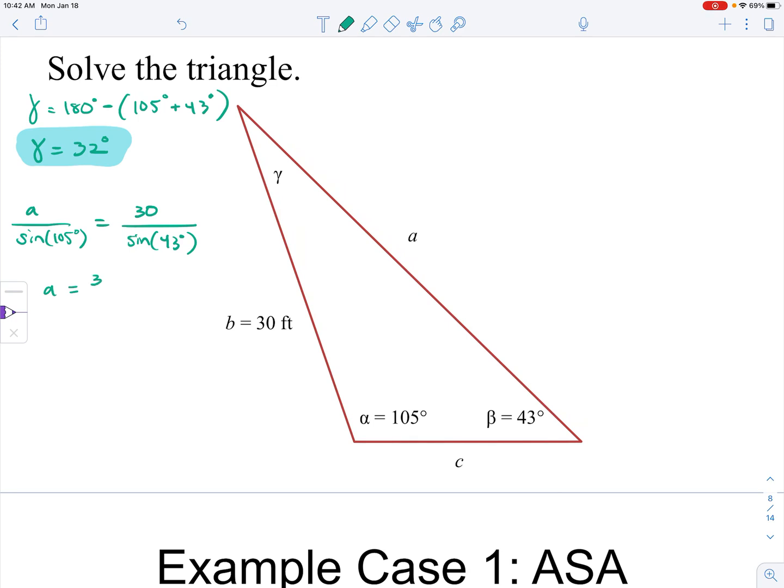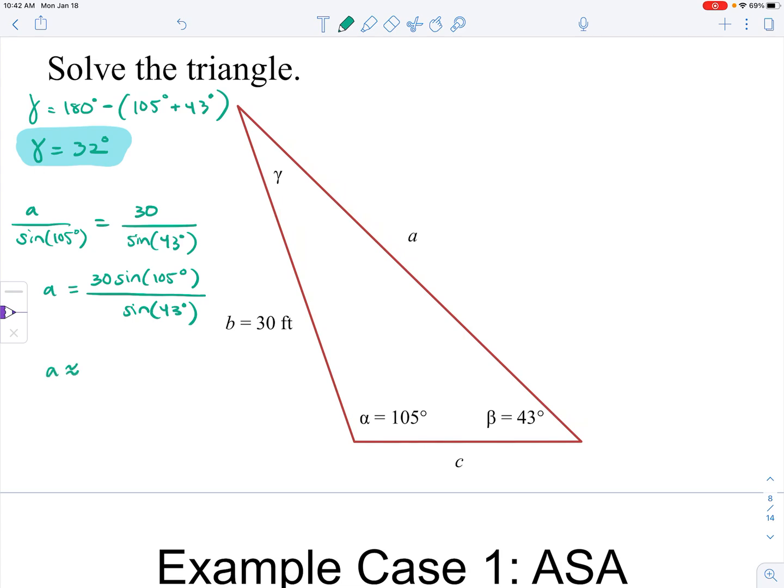To get A by itself, we will multiply by sine of 105 degrees on each side. So A is equal to 30 times sine of 105 degrees over sine of 43 degrees.